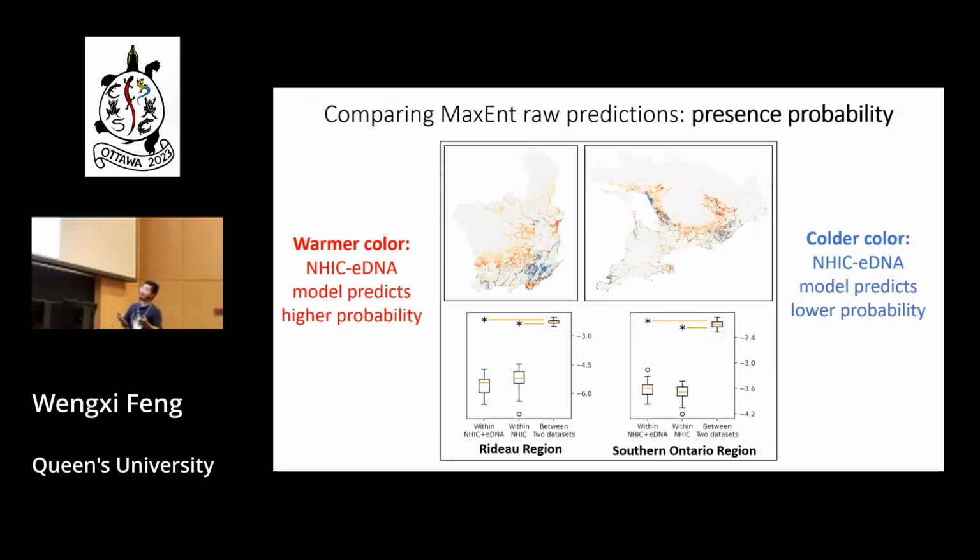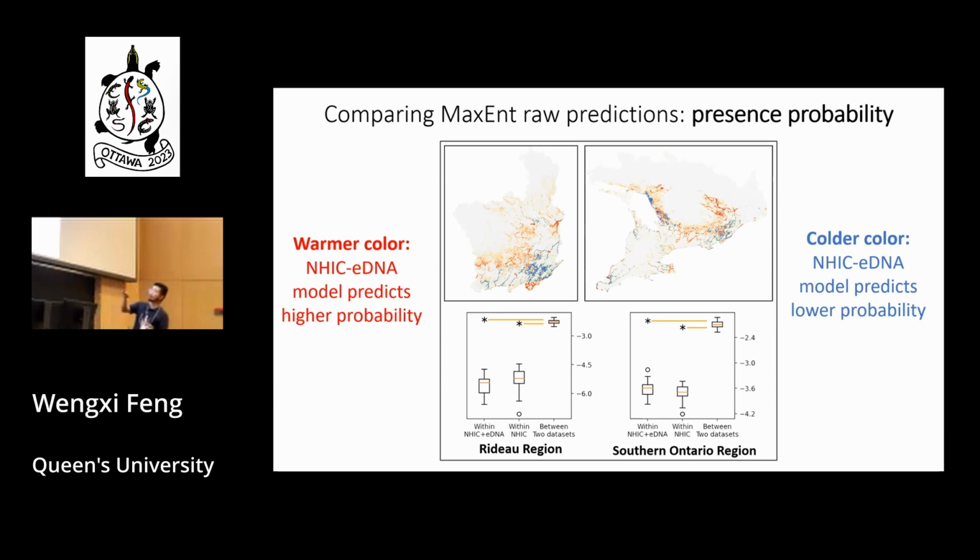So that's one side of the modeling, which tells you the importance of each of the variables in the model. You can also use the model to predict the relative occurrence across the landscape. The figure is a little bit glitched, but basically what we did is we subtracted the prediction of the NHS-only model from the prediction of the combined model. We found that warmer colors indicate that our combined model predicts a higher presence of this turtle.